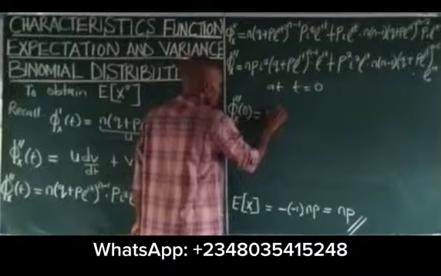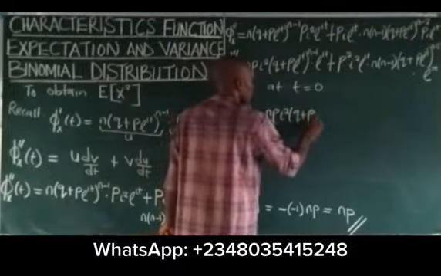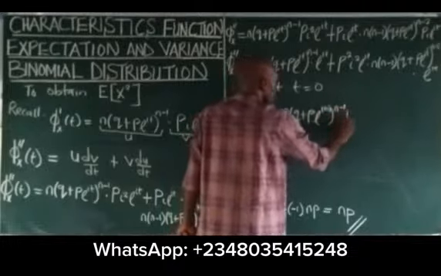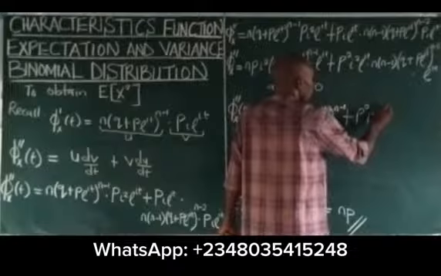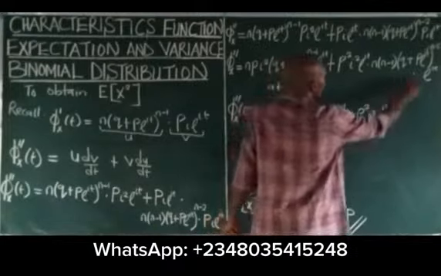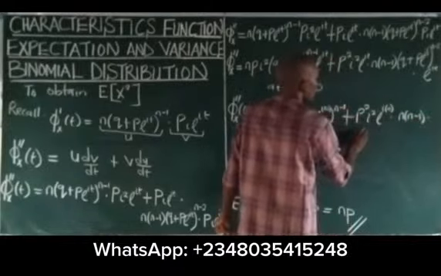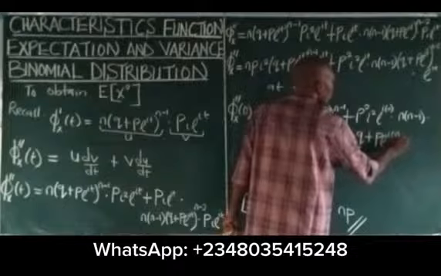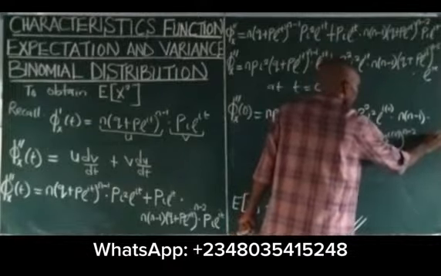So we have np i squared into (q plus p exponential i0) to the power of n minus 1 plus p squared i squared exponential i0 into n into n minus 1 multiplied by (q plus p exponential i0) raised to the power of n minus 2 multiplied by exponential i0.